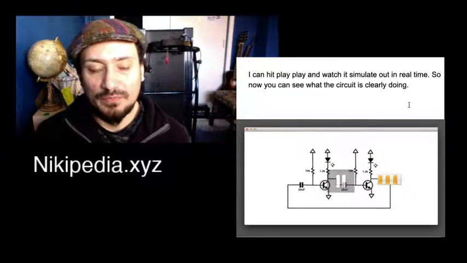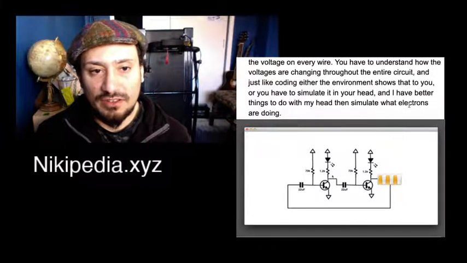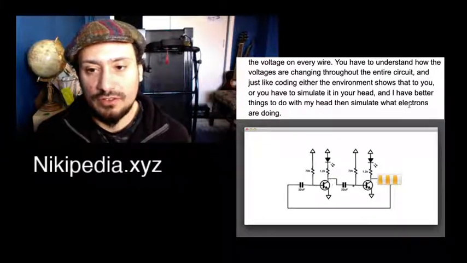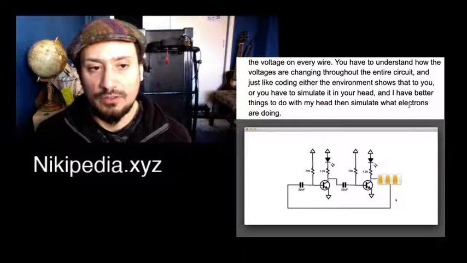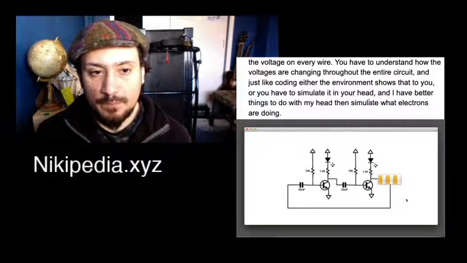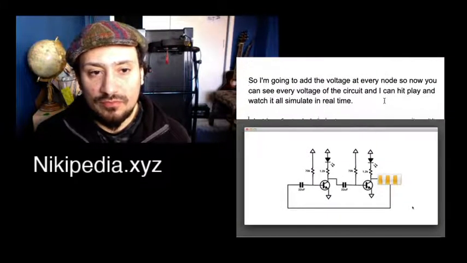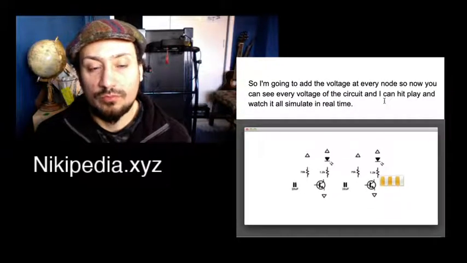In order to design a circuit like this, you have to understand the voltage on every wire. You have to understand how all the voltages are changing throughout the entire circuit. And just like coding, either the environment shows that to you or you simulate it in your head. And I have better things to do with my head than simulate what electrons are doing. So what I'm going to do, I'm going to spread these out a little bit.